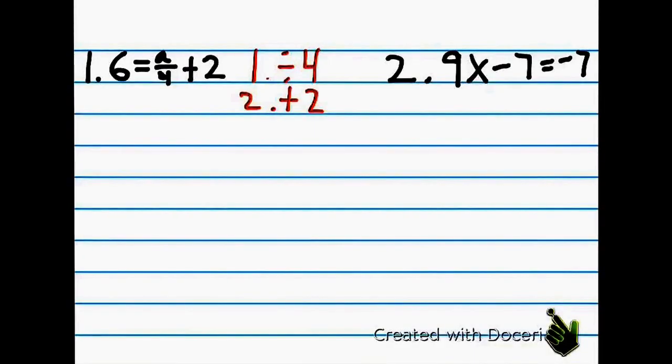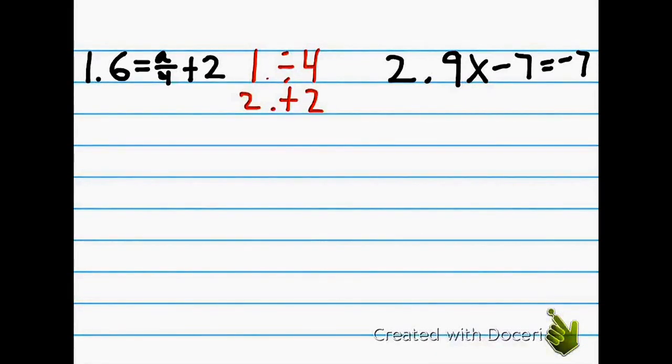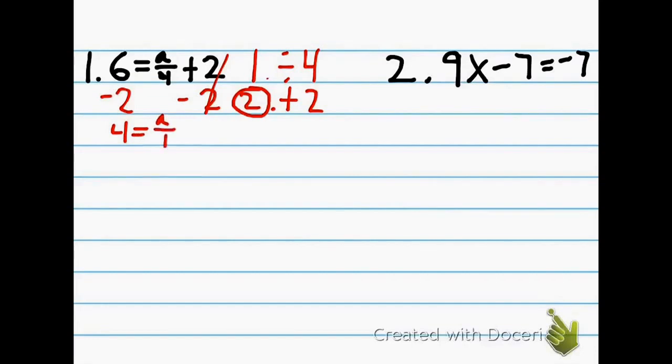So just like when we're solving one-step equations, we have to start from the last step. So we have to do the opposite of adding by 2 and subtract by 2. So this cancels out, and you have to do the same to the other side. So you're left with 4 equals a divided by 4.